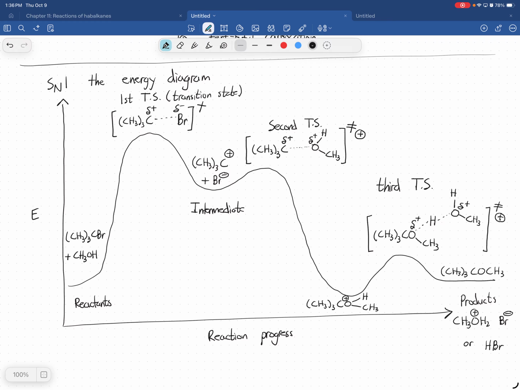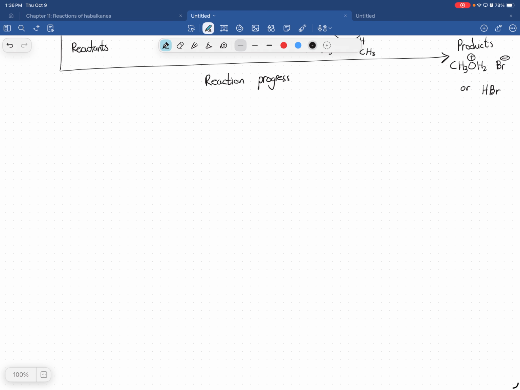Remember when we talked about SN2, there was stereochemistry involved. It inverts the stereochemistry, right? SN1, you kind of flip it, but then you kind of don't. So we're going to talk about that. Let me scroll down here. Now we're going to talk about the stereochemistry.